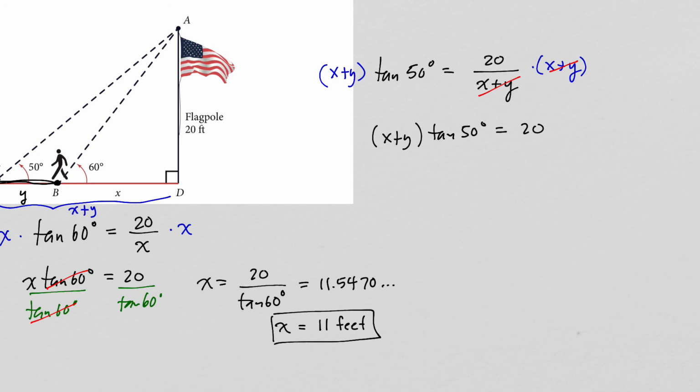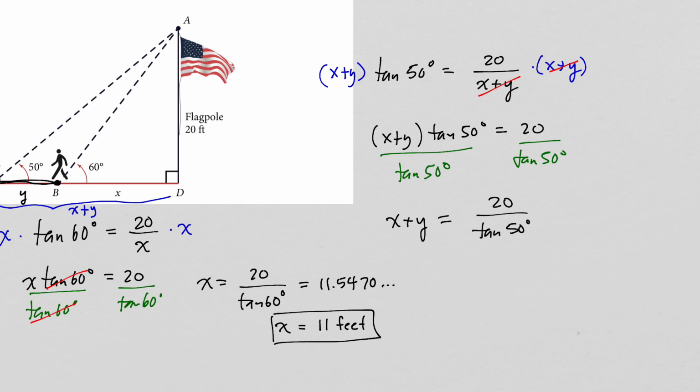Y represents the distance between point B and point C. So x plus y will be the whole distance. So to make a long story short here, if I just divide by tangent of 50, that will give us x plus y is equal to 20 divided by the tangent of 50. And now all we have to do is plug that into our calculator.